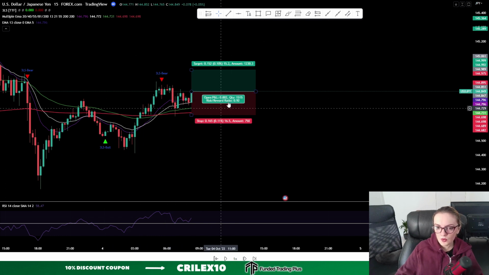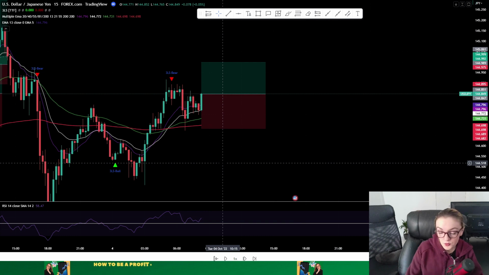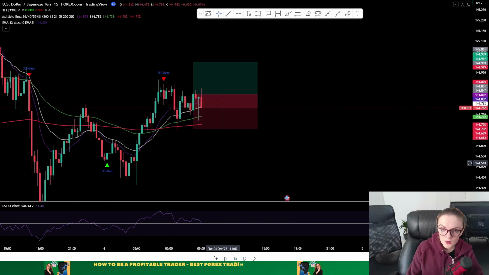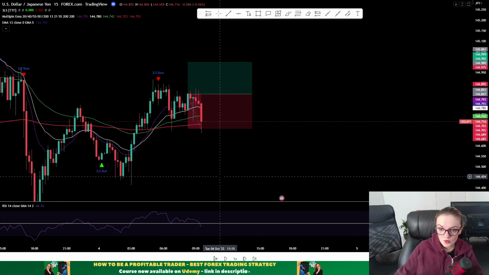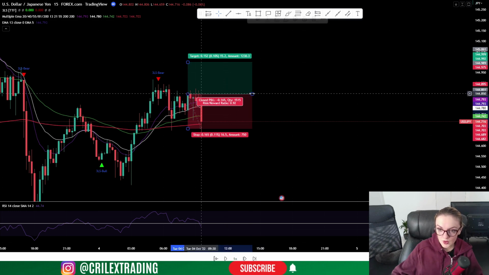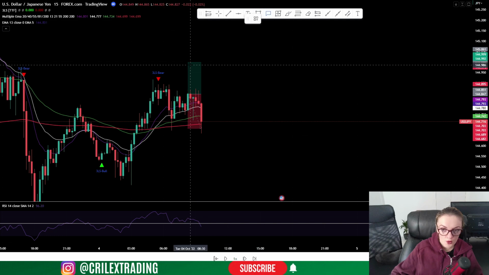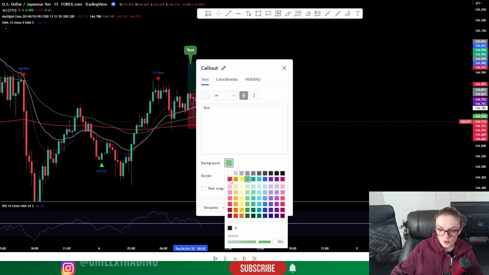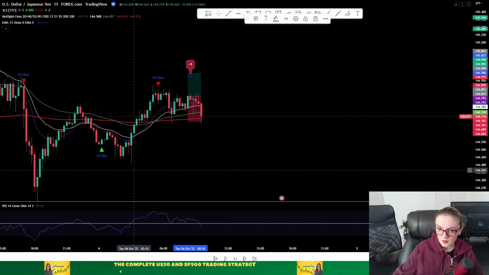I expect more of a range still, but the rules are rules, and I don't want to be discretionary when using a strategy, so it's better to respect your rules, because in the long term they are going to pay off. We've got a loss here, minus 1%. We are going to mark it, and let's go to our next entries.